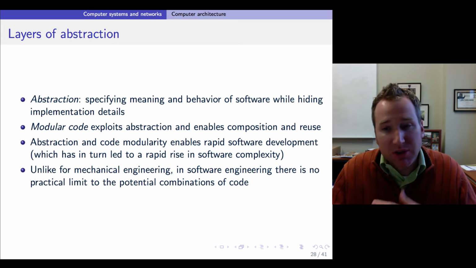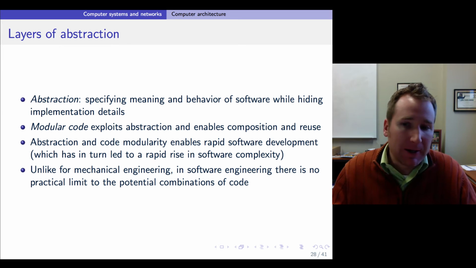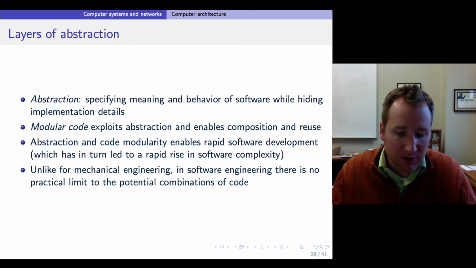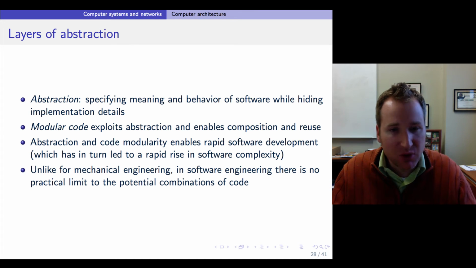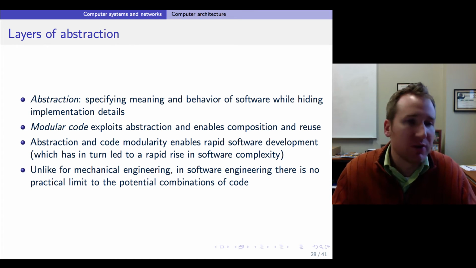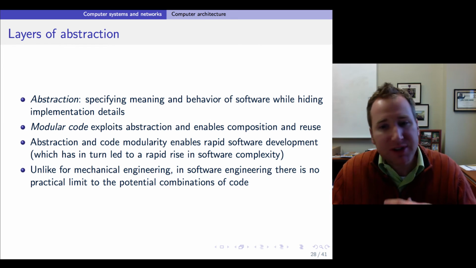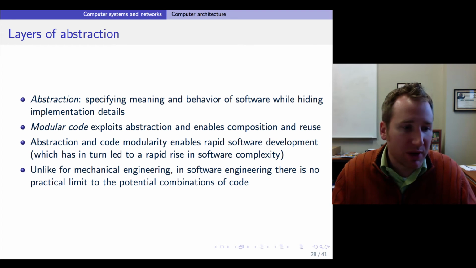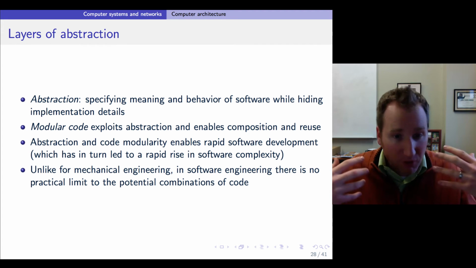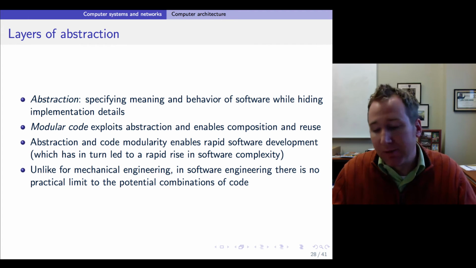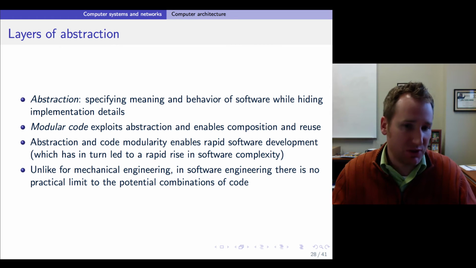They in turn enable rapid software development. And what's interesting from a software engineering perspective is that there's no limit to all the combinations of code that can be made, right? As you have more and more libraries, they can be composed in more different ways, which enables rapid innovation. It also makes it very difficult to identify and prevent malicious combinations of code.